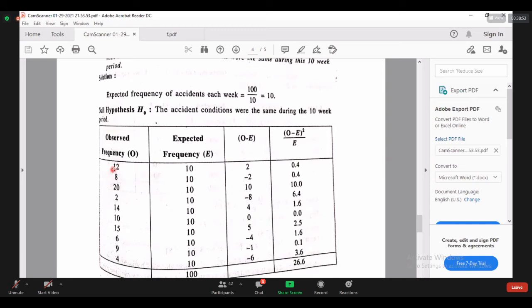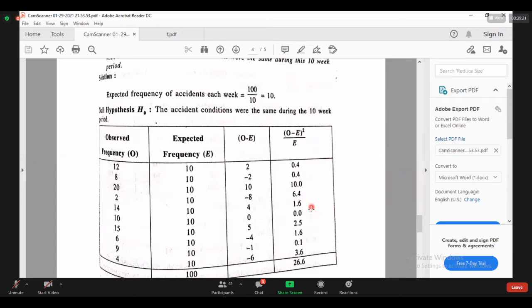Here, 12 minus 10 whole square by 10. We already did Oi minus Ei, so just square it: 2 square is 4. 4 by 10 is 0.4. Again, O minus E is 2, whole square is 4, divided by the corresponding expected frequency 10, that is 0.4.